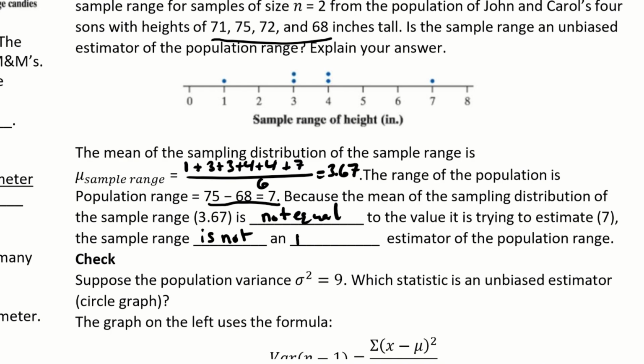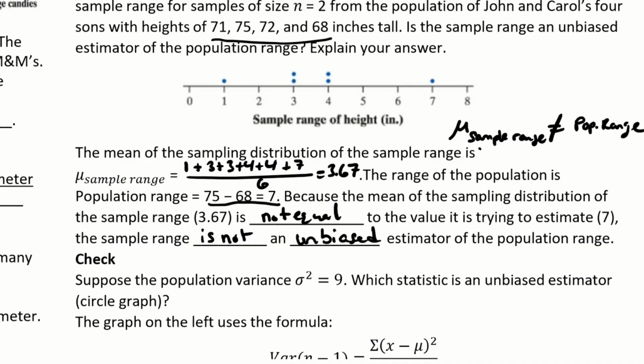So in this case, the mu of sample range does not equal the population range. Therefore, it's not an unbiased estimator.